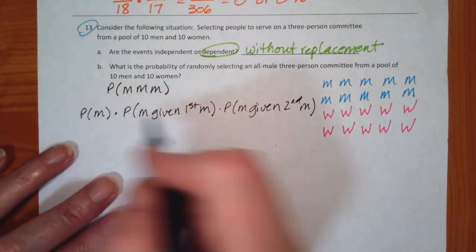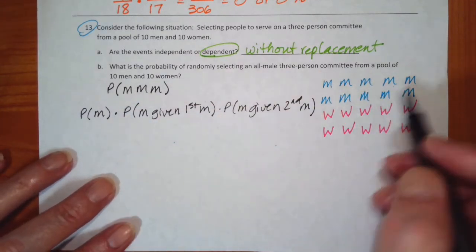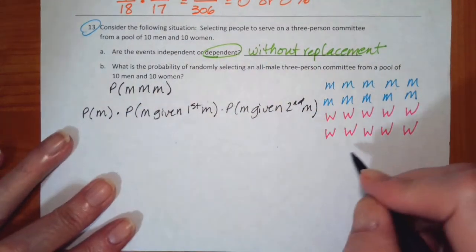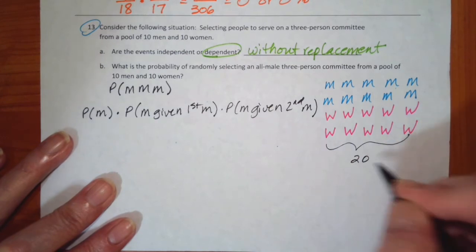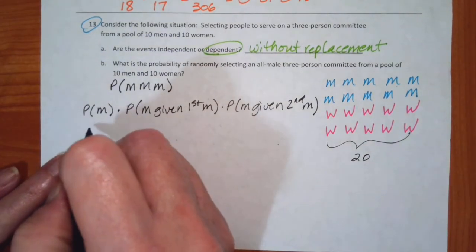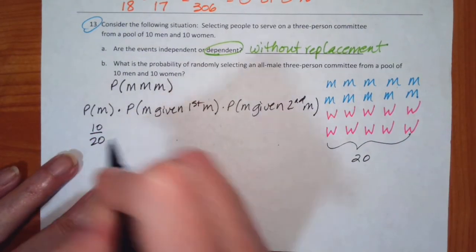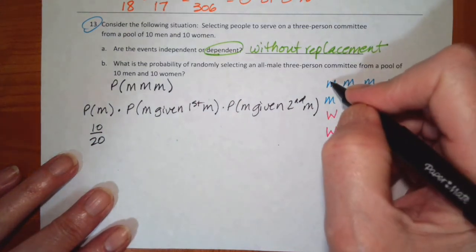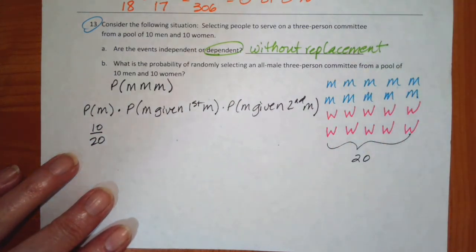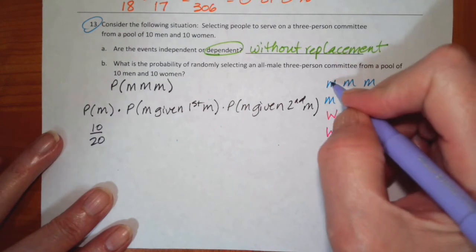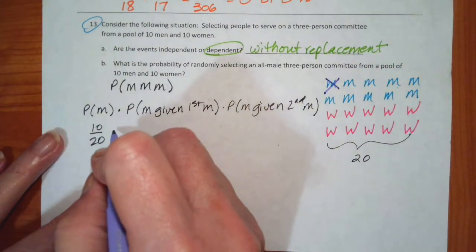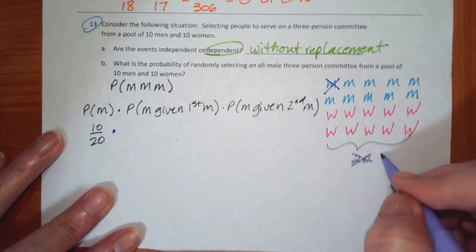Okay. So the probability of a male is, well, there are 20 total, so that would be 10 out of 20. But then one of the men is gone. So this becomes 19.